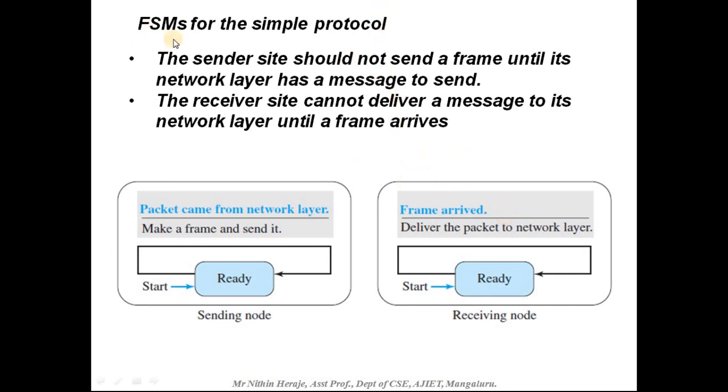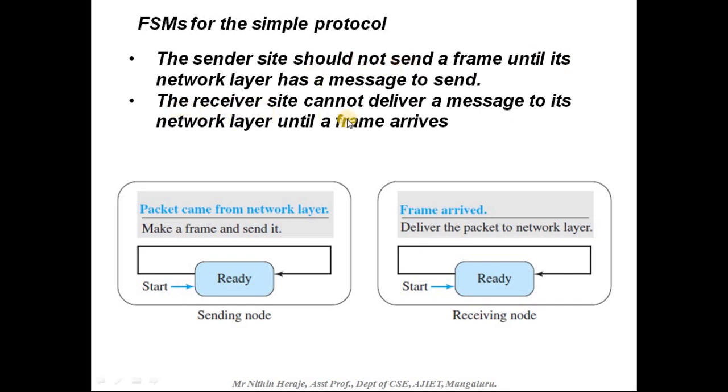for the simple protocol. So the sender side should not send a frame until its network layer has a message to send. Okay, so the sender end will not send any frames until its network layer has something, that is a message or information to be sent to the other end.